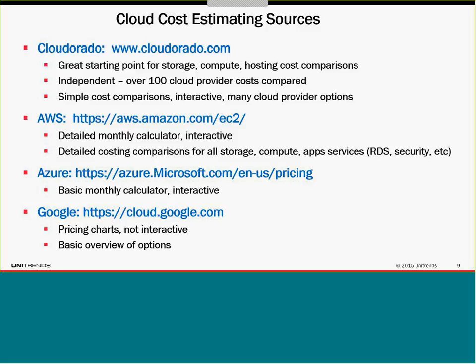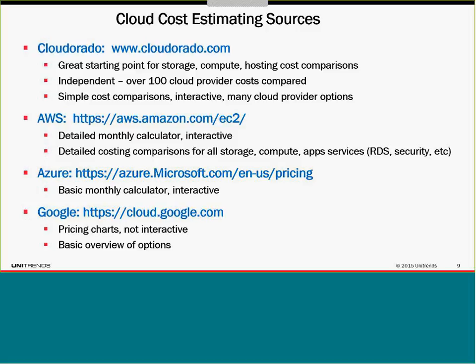It's a starting point for calculating the cost of storage, compute, and even some simple configurations for hosting comparisons as well. What's especially interesting about Cloudorado is they actually provide these cost estimates on over 100 different cloud providers and will compare and contrast the costs.